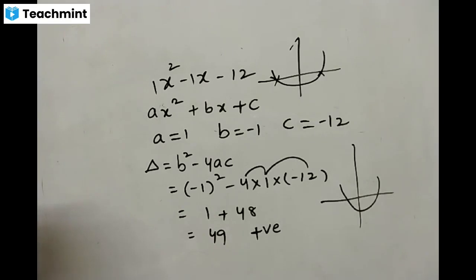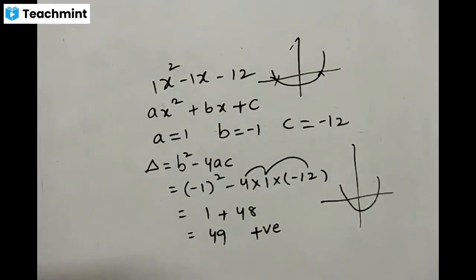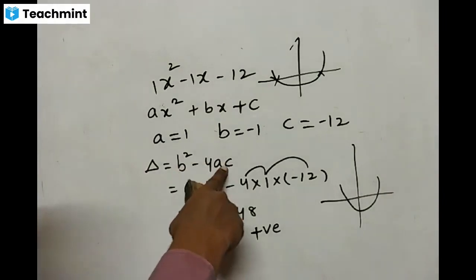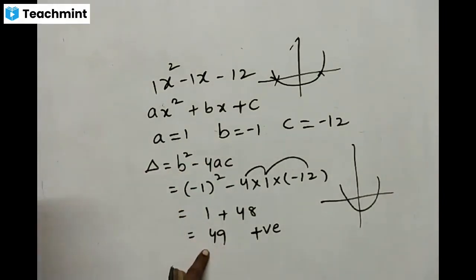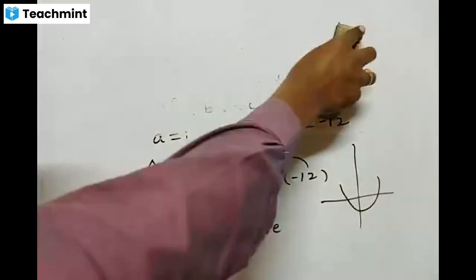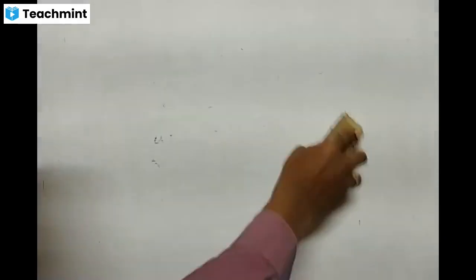Touching, sir. Yes. So how do we know whether the graph we made is correct or wrong? We have to find out b square minus 4ac. If we find out b square minus 4ac, you can understand how many places the graph is going to touch.